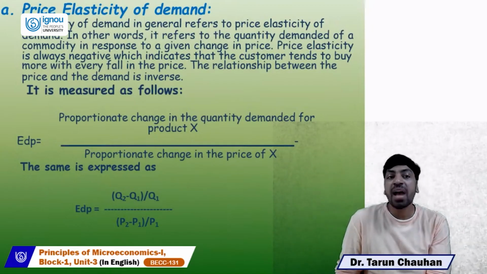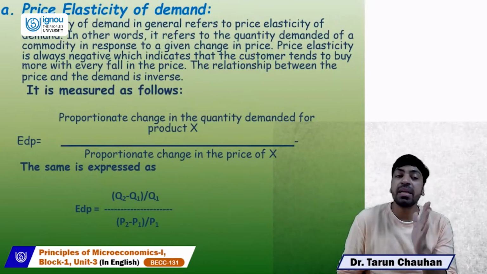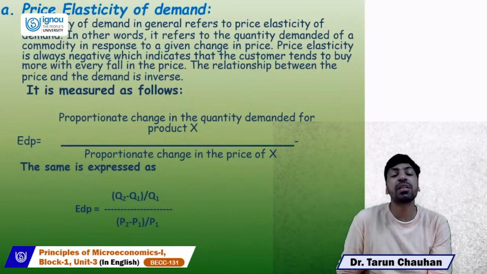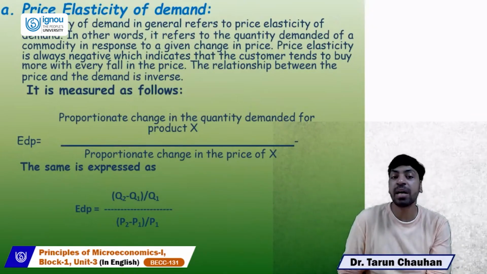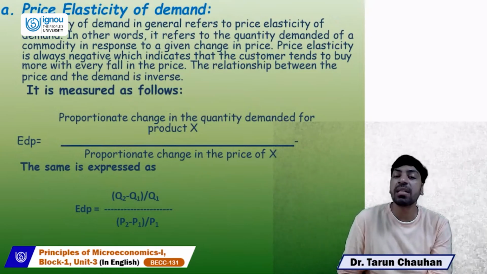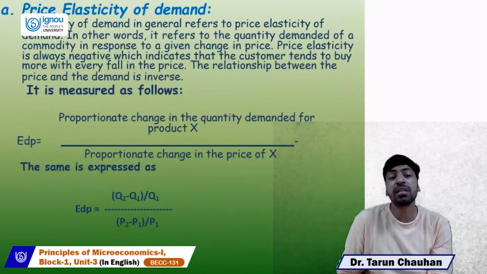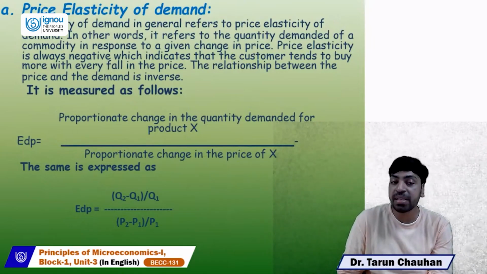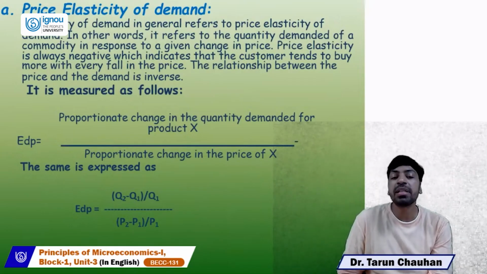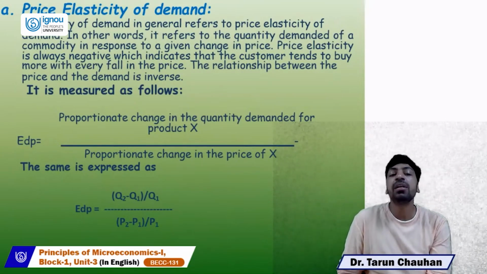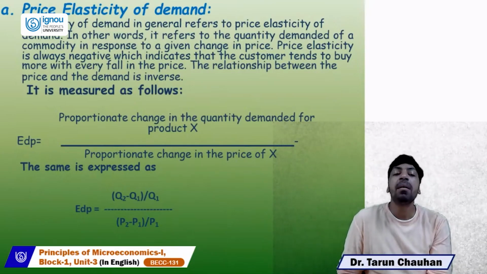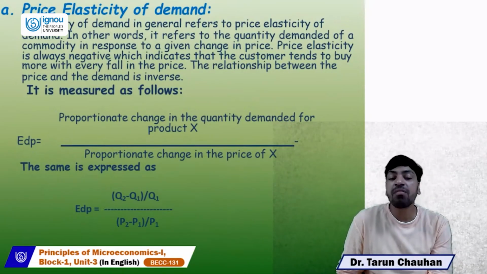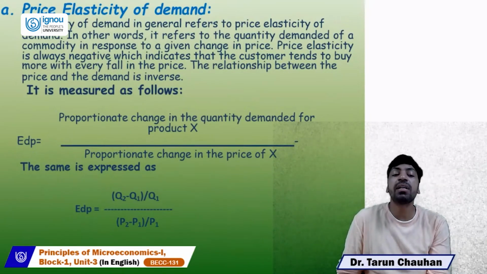The relationship between price and demand is inverse in the case of price elasticity of demand, and it is mathematically measured as the proportionate change in the quantity demanded for product X over the proportionate change in the price of X. In other words, the price elasticity of demand could be expressed as the difference between the quantity demanded of the next unit and the last unit, divided by the quantity demanded of the last unit, over the difference between the price of the next unit and the last unit, divided by the price of the last unit.